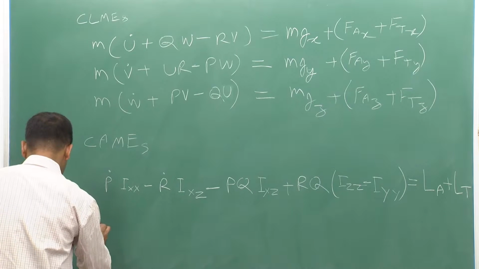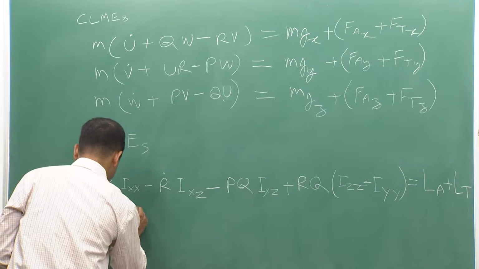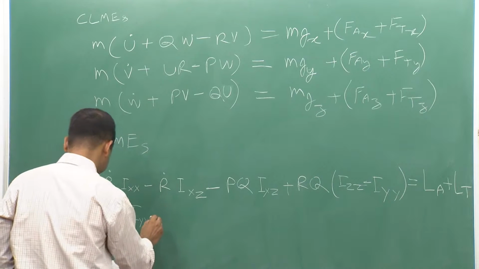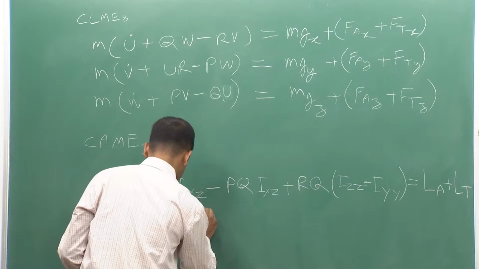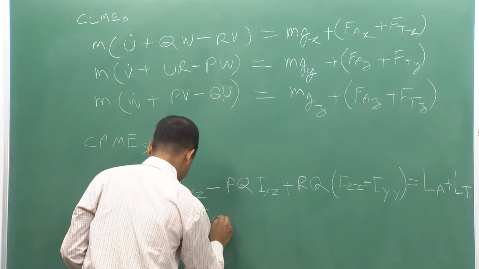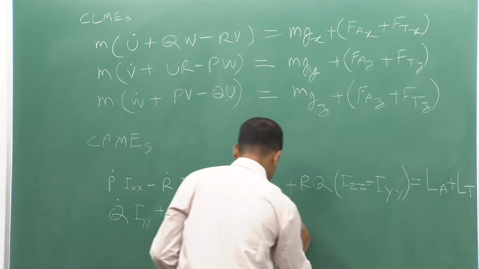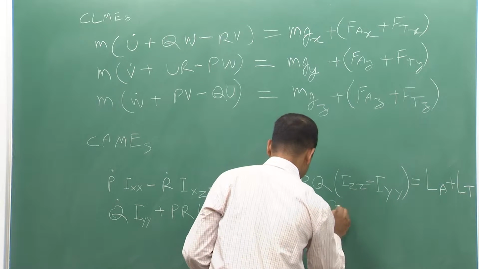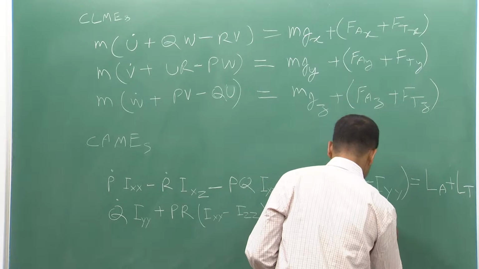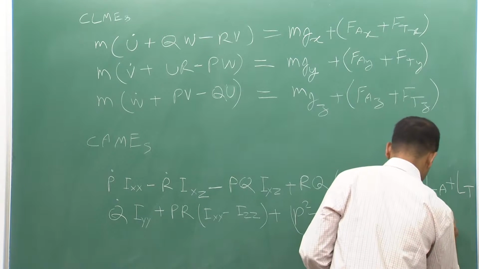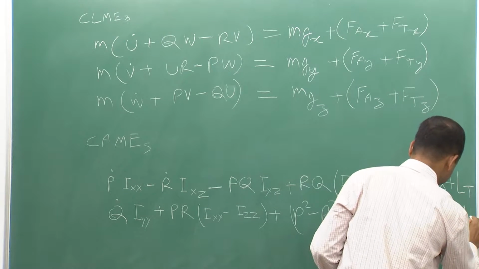The second equation: q dot I y y plus p r I x x minus I z z plus p square minus r square I x z is equal to aerodynamic plus thrust moments.